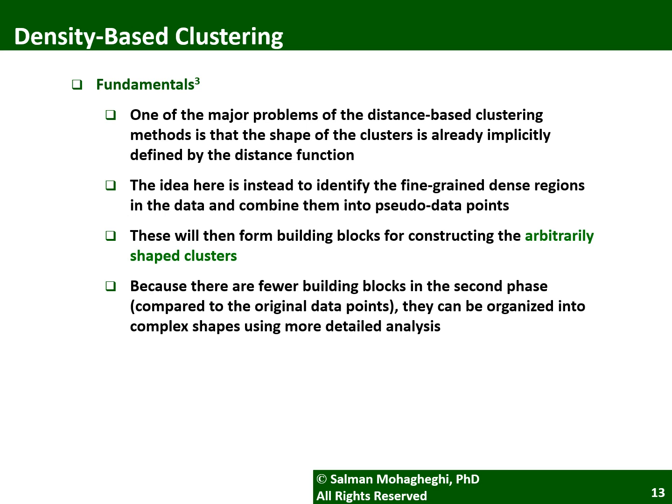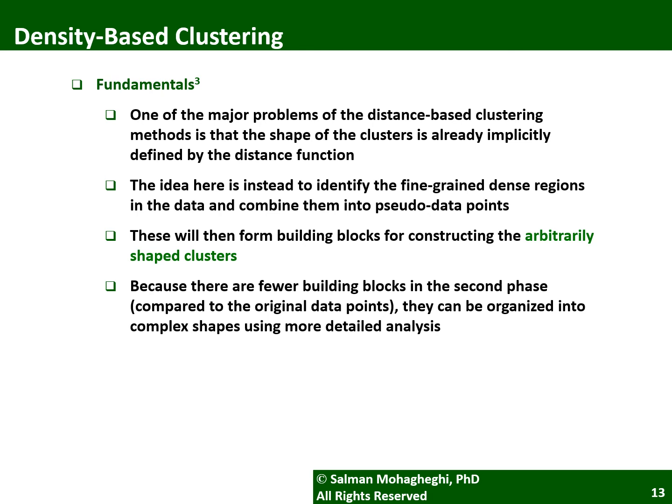Lastly, we talk about another technique called density-based clustering. One of the shortcomings of distance-based clustering is that the shape of the clusters is defined by the distance function that you use. We talked about this in class: if you use, for example, Euclidean distance as your distance metric, the clusters are going to be spherical in shape, right?